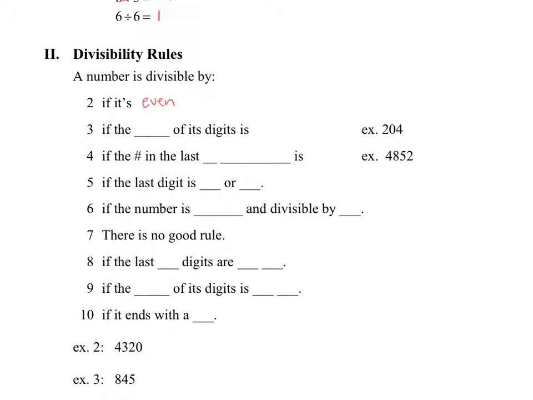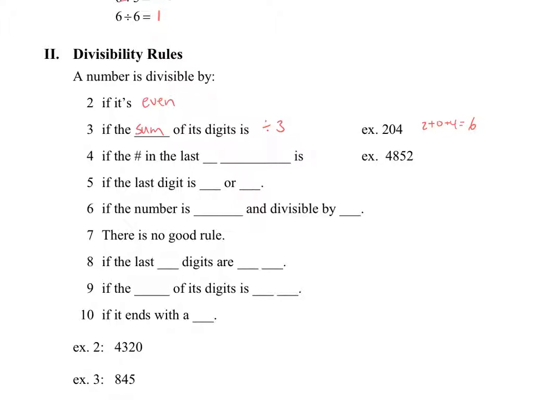The number is divisible by 3 if the sum of its digits is divisible by 3. For example, 204. What's 2 plus 0 plus 4? It equals 6.